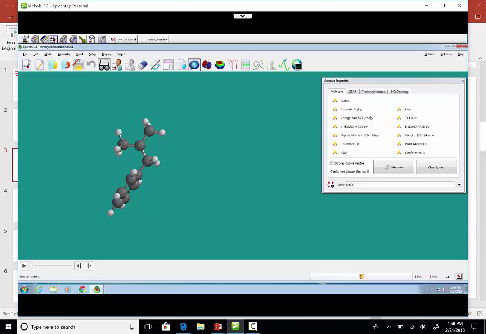Now, one last thing, if I really want to complicate this, and I know everybody just tuned out, but don't tune out. Because we could say, 2.5 kilocalories per mole isn't a lot of energy. But remember that if we're talking about rates, we use something like the Arrhenius equation to determine rates of reaction, right?